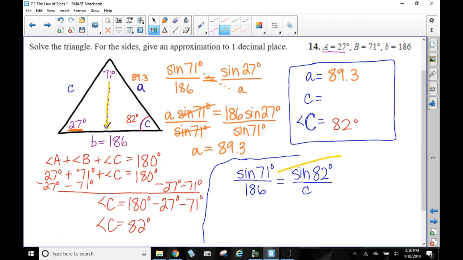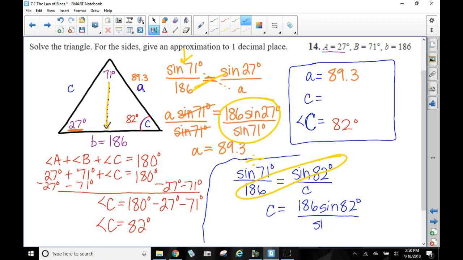Another trick is to cross multiply there and then divide by this. That's what we ended up doing: we cross multiplied and divided. And so to get C, it's going to be 186 times the sine of 82 degrees divided by the sine of 71.